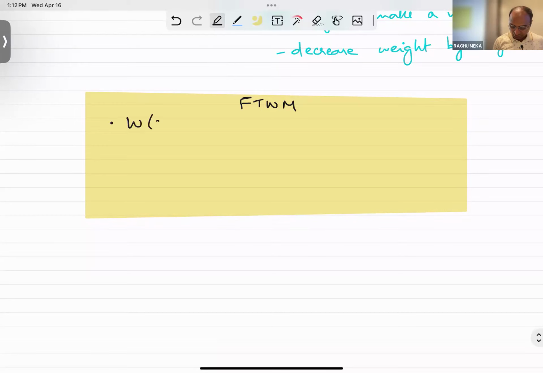So we start with every expert getting weight 1. We have weights for each expert that change over time. Right? So W_{t,i} is the weight of expert i at the end of day t. Okay.